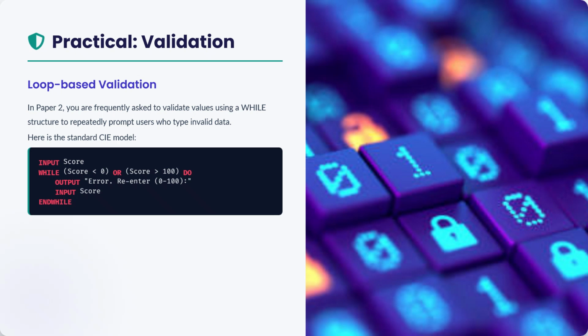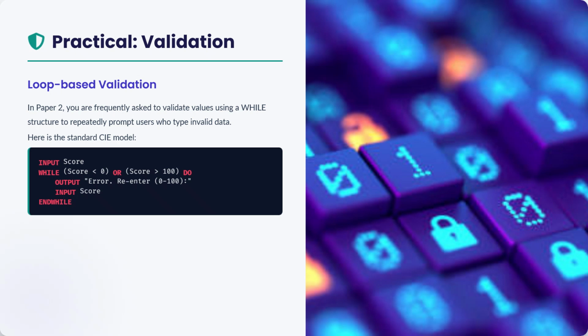The score should be lesser than 0 or greater than 100 to give the error statement. If either of them is true, then only it will move inside the loop, and it will first generate an output statement saying error, re-enter, and it will give the user the leverage to enter the score again.